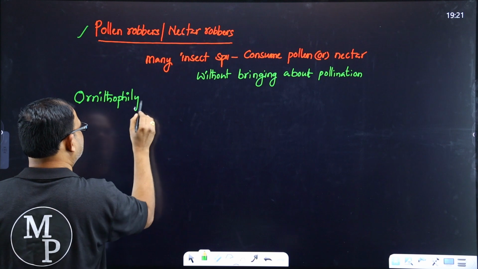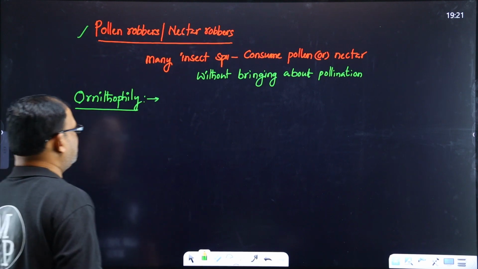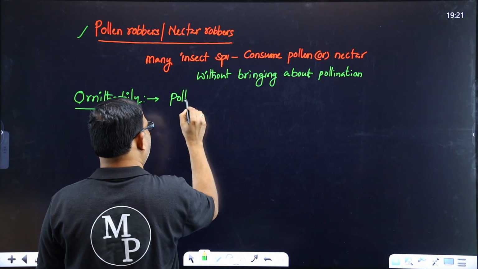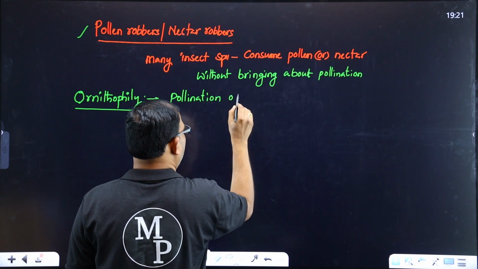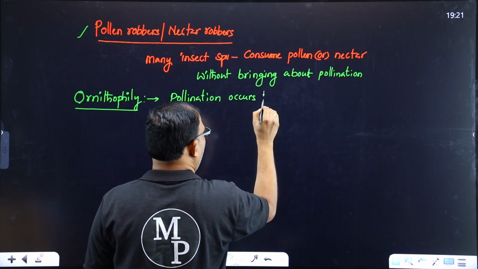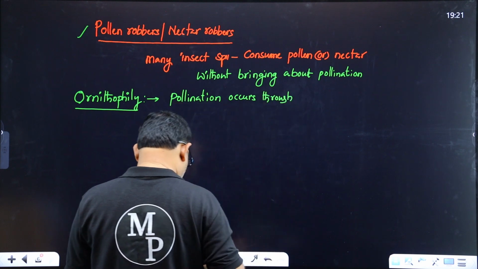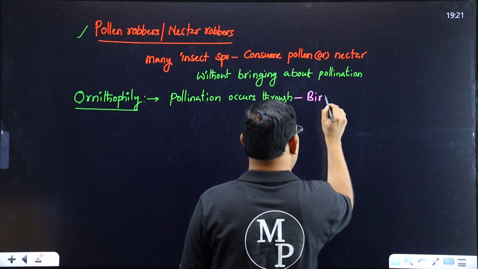Ornithophily means pollination takes place by birds. Pollination occurs through birds.